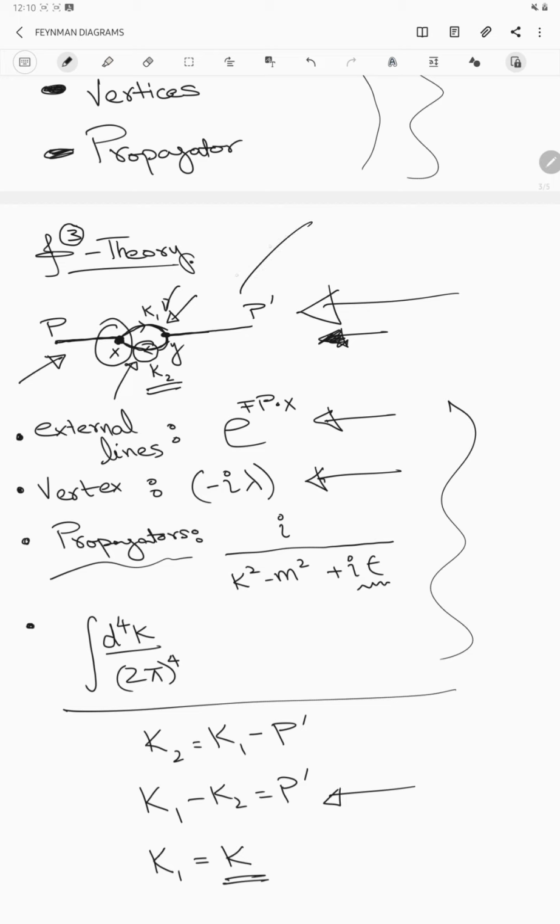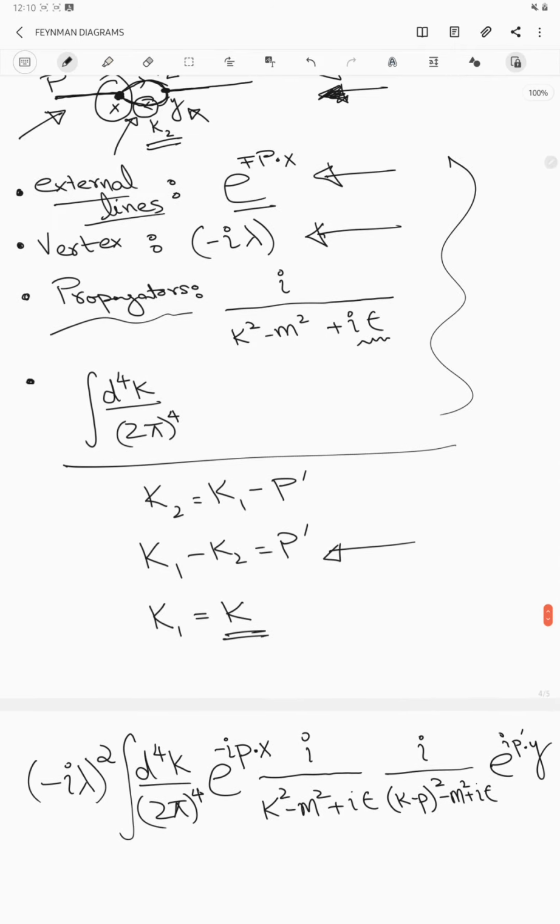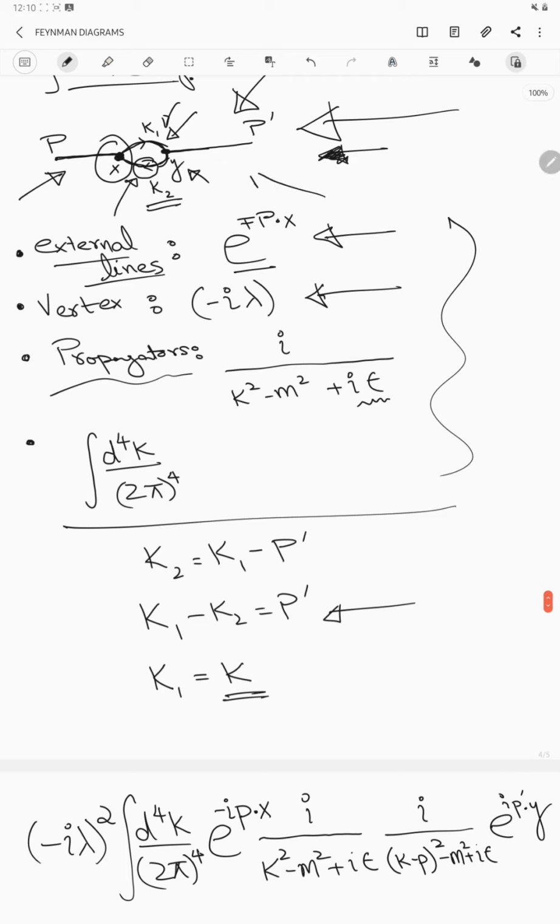We are just left with this external line, and for this external line you can see the external lines rule: it would be exponential positive p prime dot y, because we have vertex y associated to this. So let's put that in, exponential iota p prime dot y. And boom, there is your mathematical expression for this particular diagram.